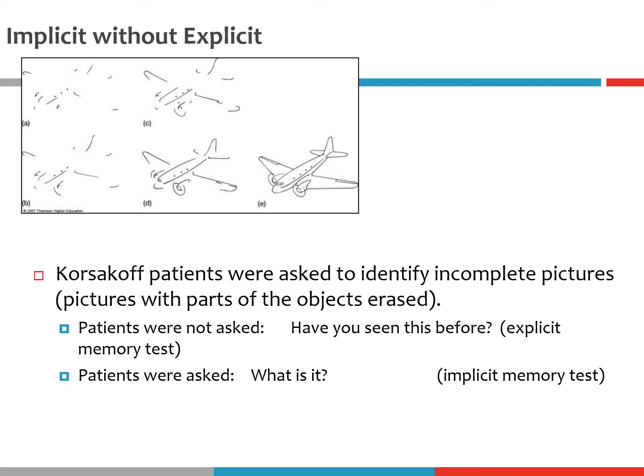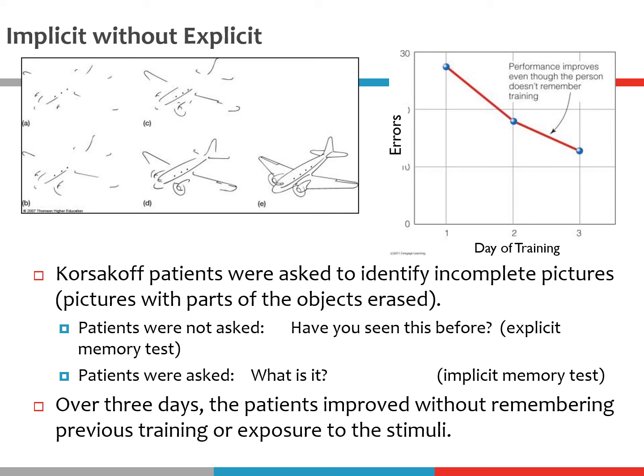What they found is that while the Korsakoff's patients did very poorly on the explicit memory test, their performance on the implicit memory test improved over successive days of training, even though they didn't remember the training itself. Over the course of 3 days, the patients improved without remembering previous exposure to the stimuli. Their ability to identify the object as an airplane got faster and more efficient, and they also made fewer errors.